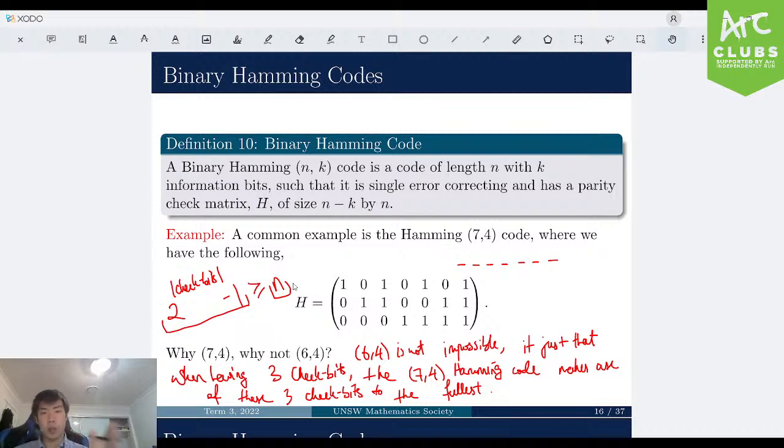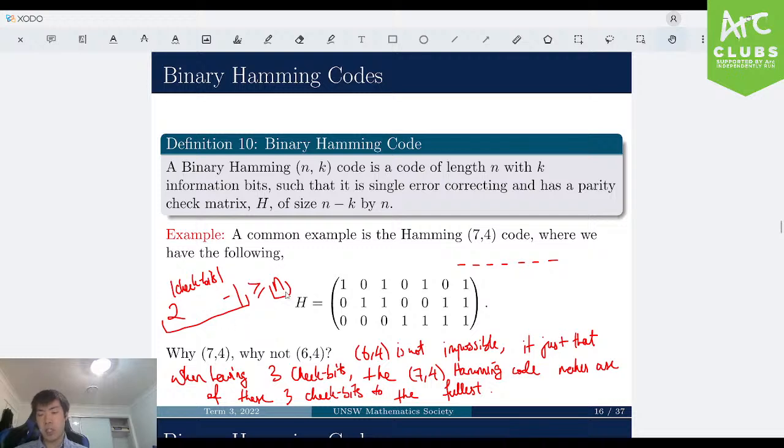And so, how many of those issues are there where there could be a single error? Well, there'll be n of them, because in a fixed length n code word, the error could be in any one of the n positions, and so you get this inequality where you need enough rearrangements of check bits to cover all the possibilities of there being a single error somewhere in your n length code word.